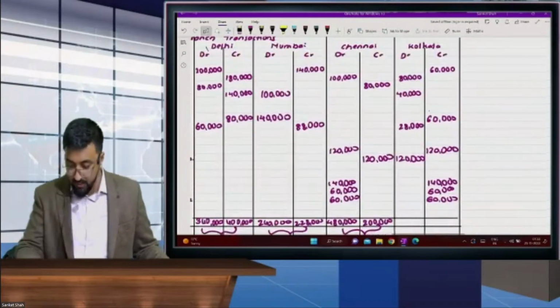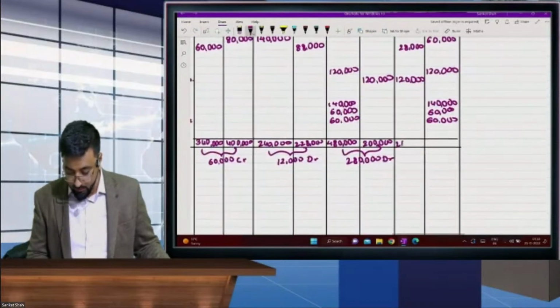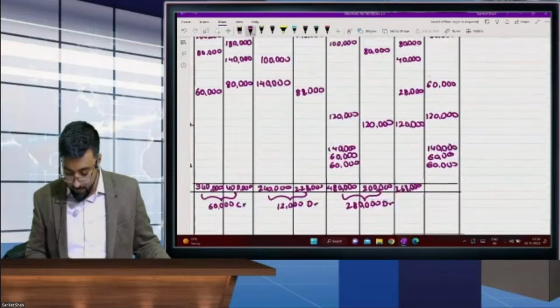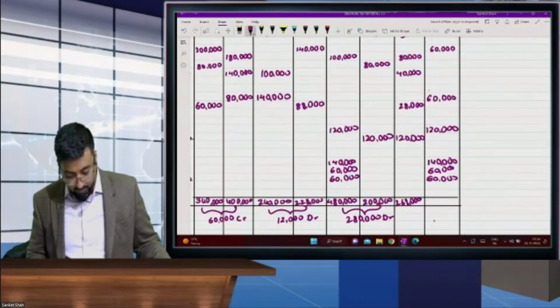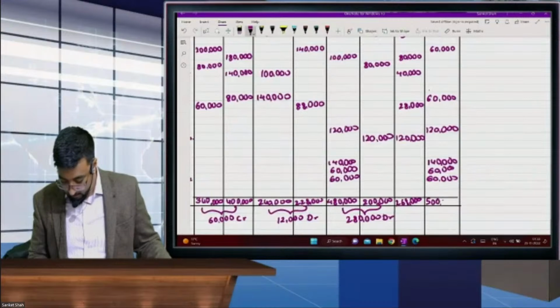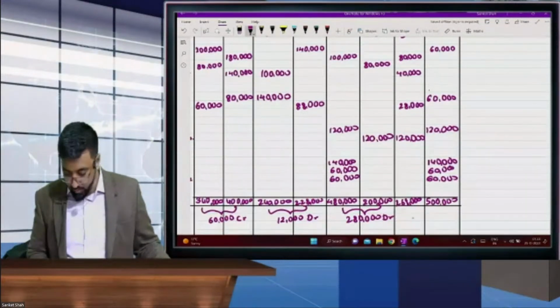And last, Kolkata: 40, 28, 268, 60, 60 plus 120, 500. 500 minus 268, 232 credit.